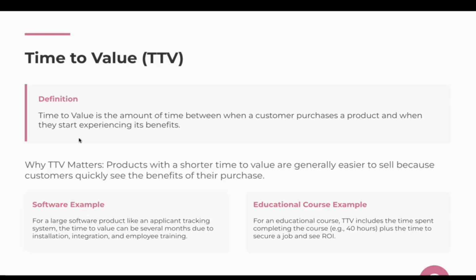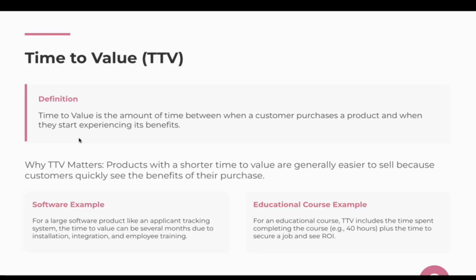And another example is the educational course. You right now are taking an educational course to get a job as a PPC specialist or PPC strategist or PPC associate. For an educational course, the TTV will include the time that you spend completing the course, which is a pretty lengthy course because I wanted to make sure I gave y'all a pretty good in-depth course.